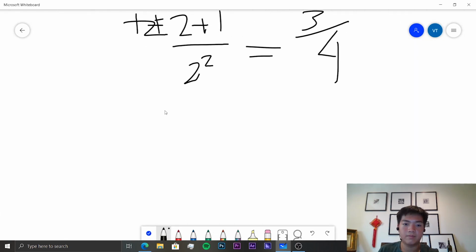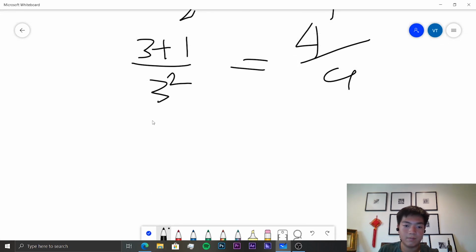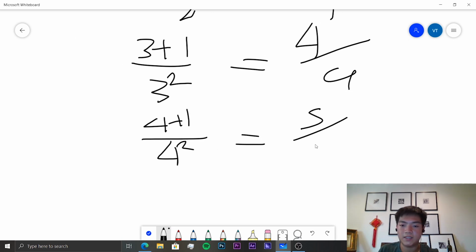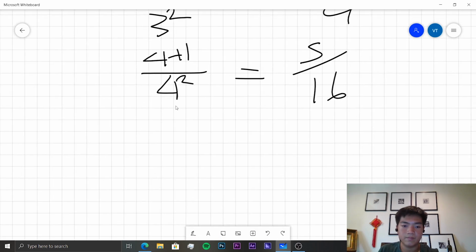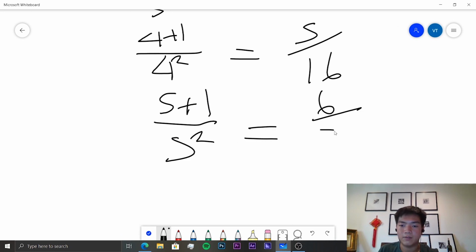The third term will be 3 plus 1 divided by 3 squared, which is equal to 4/9. The fourth term is 4 plus 1 divided by 4 squared, which is equal to 5/16. And the fifth term, 5 plus 1 divided by 5 squared, which is equal to 6/25.